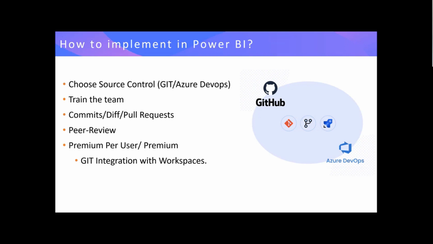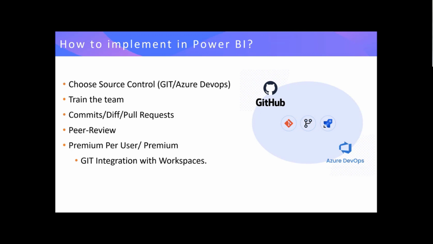All right. How you implement in Power BI is, first you choose your version control system. Get it registered or integrated first, then train your team, and have your team doing the commits, devs, or pull requests around the source control, peer review the process, and then integrate with the workspaces. When you integrate with the workspaces, you need either Premium Per User or Premium capacity.